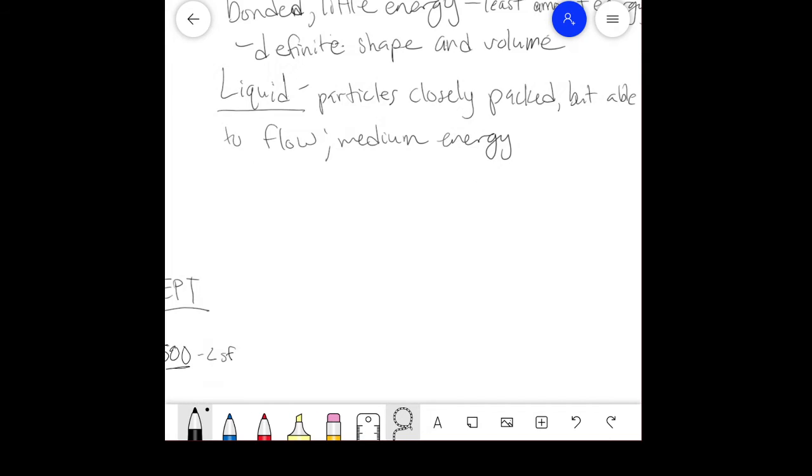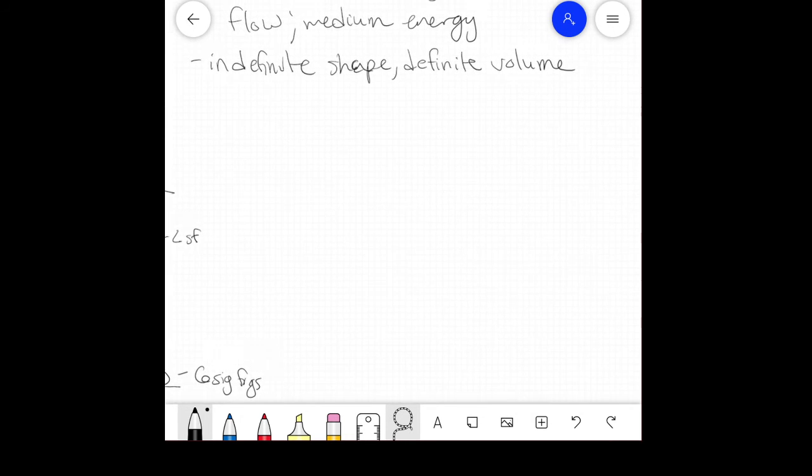And it has indefinite shape, but definite volume. So it assumes the shape of the container. Now, the amount of it's not going to change, but the shape can.